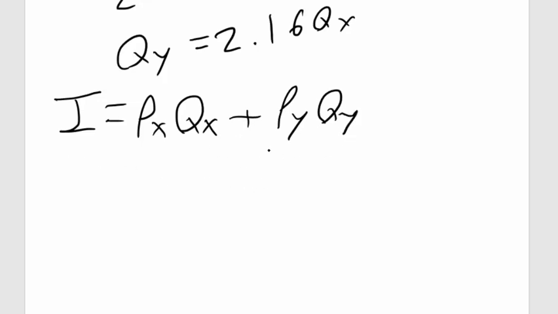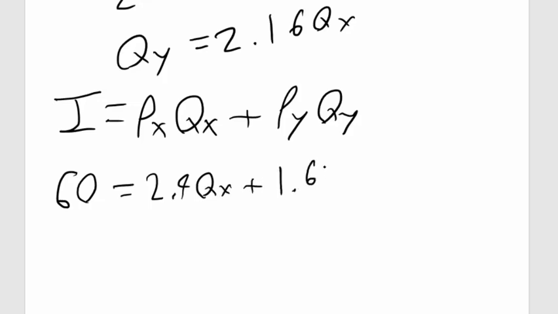And this will tell us our budget, so how much of good x we can get and how much of good y we can get optimally. And we know that income was 60. We know that the price of x was 2.4 times q of x, which we don't know yet. And our price of y was 1.67, and we do not know what qy is. But we can substitute our opportunity cost in there.